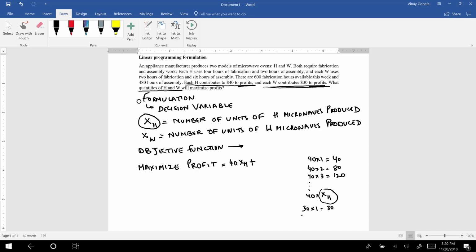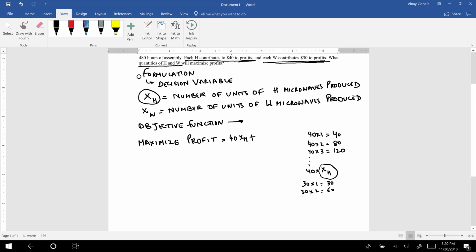If we produce 2 W microwaves, we will make 60, and so on. So if we make XW, we will make a profit of 30 times XW. So that will be our profit function. We are trying to maximize this function. So that's our objective function.